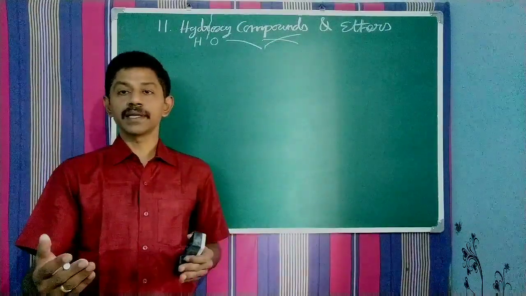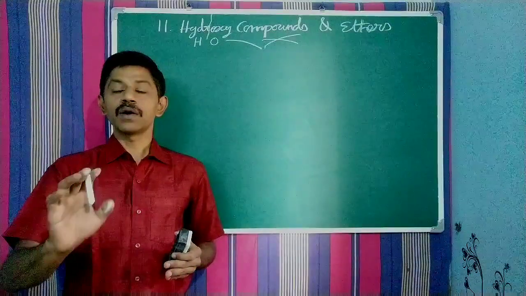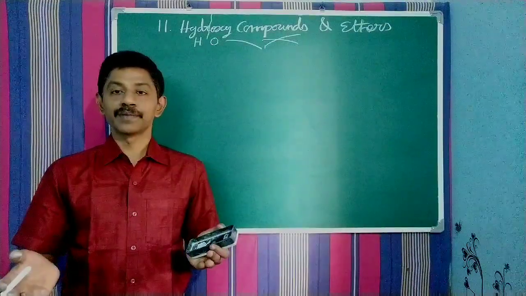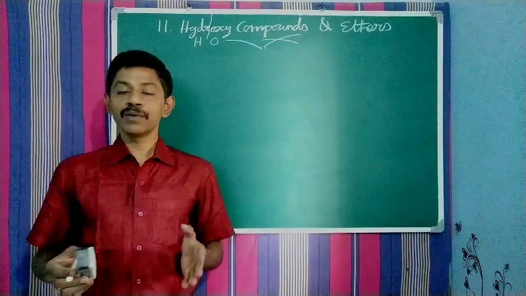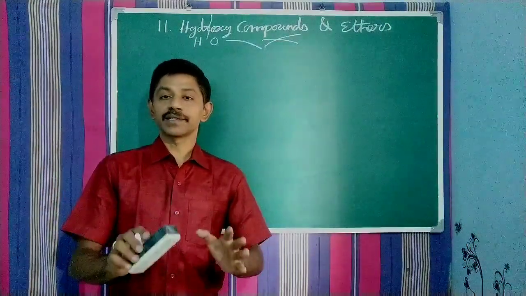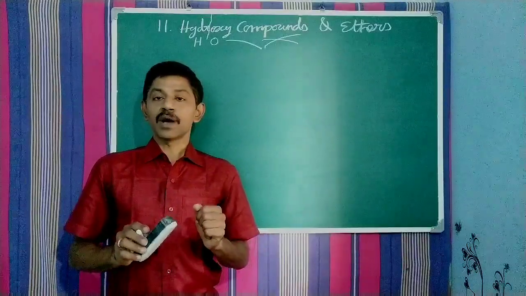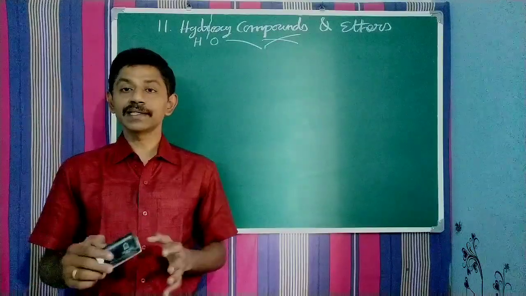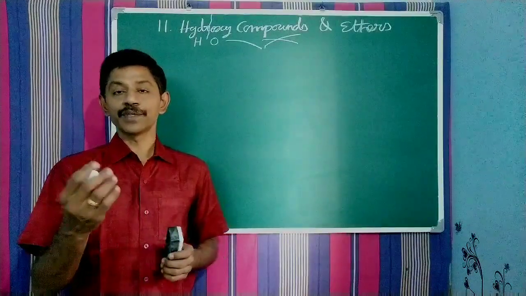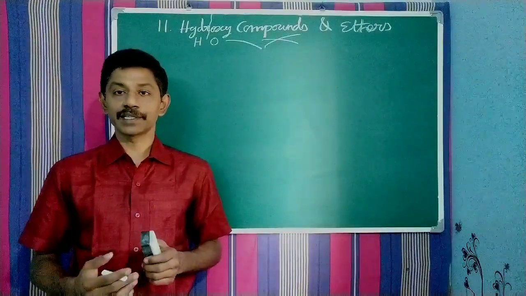And then their nature, smell, and all that, the physical appearance. For a few of the compounds, as I told you, they may be quite good and smooth. And how do you understand the nature of the compound? Only when you react them chemically, and these are the chemical properties.